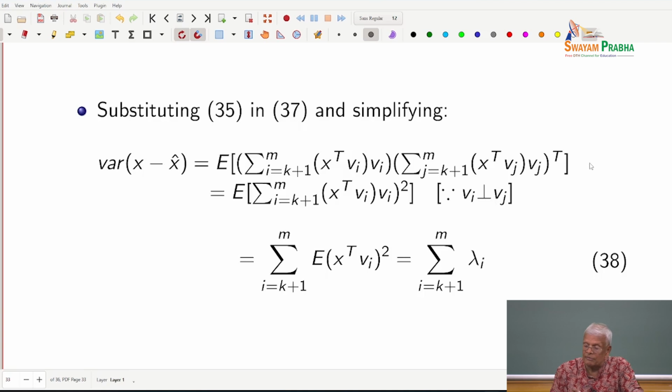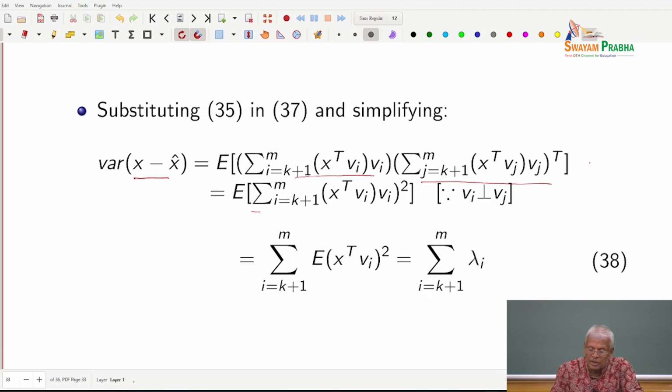So we now have a representation. We have picked the first k components for x hat, while x has all the components. So the difference between x and x hat has only m minus k components, with i running from k plus 1 to m, and its transpose. That's a vector and the transpose of the vector, an inner product. If you simplify this, the v_i are orthogonal to each other.